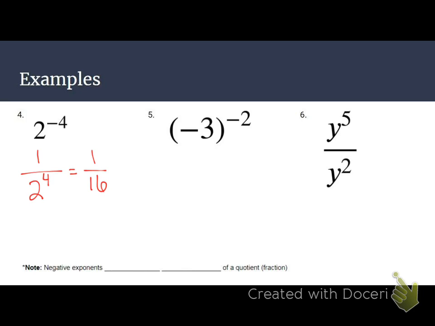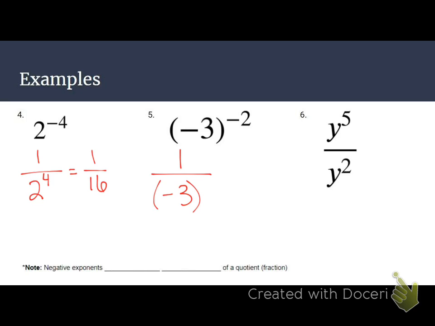All right, on number 5, we have a base. What's our base? -3 raised to a negative exponent. So this means we're going to have 1 over. -3 is still our base. The base sign didn't change at the moment.